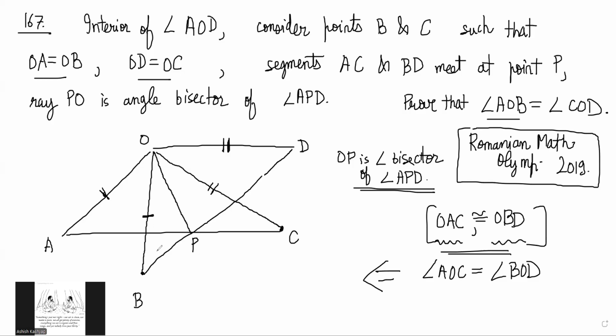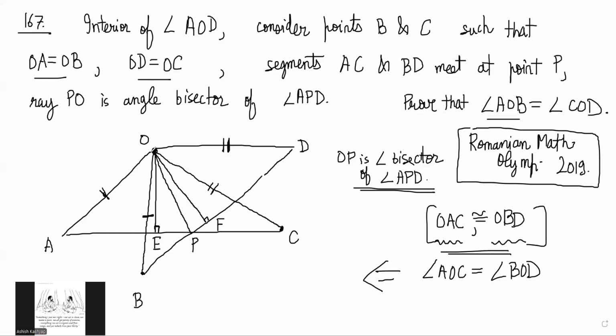One thing I can do to make it easier is to drop a perpendicular from O to AC, and let's call this point E. And I'm also dropping a perpendicular from O to BD, and let's call this point F. Now, why is the perpendicular helping us?